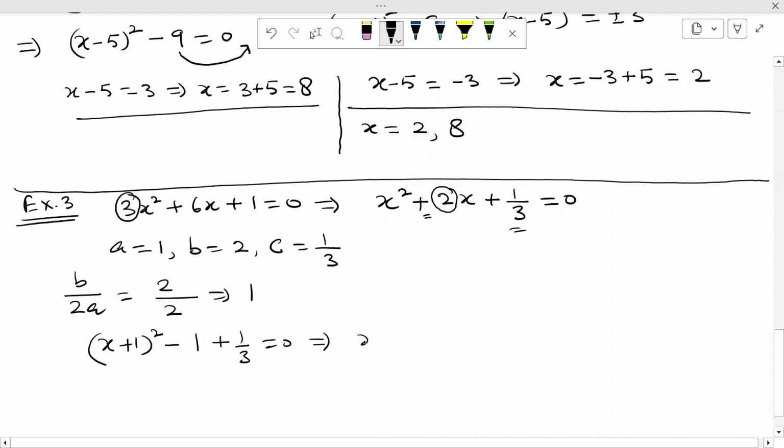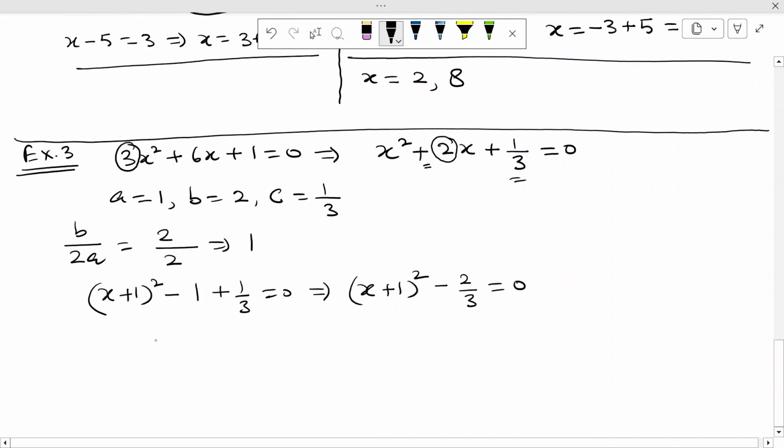So from here you will obtain x plus 1 whole square minus 2 by 3 is equal to 0, and this will give you x plus 1 whole square as 2 by 3.